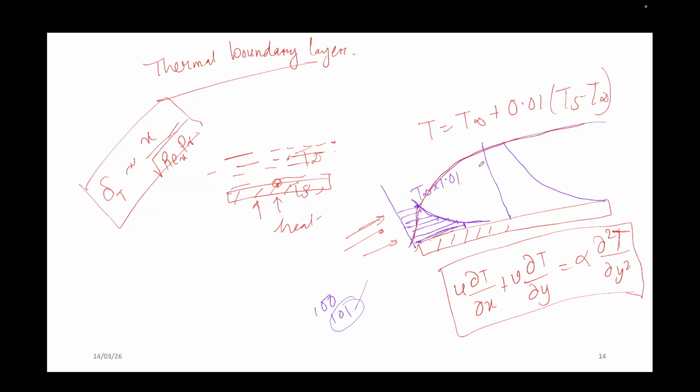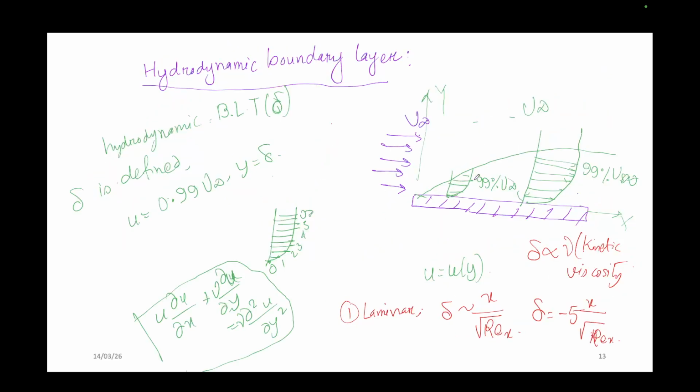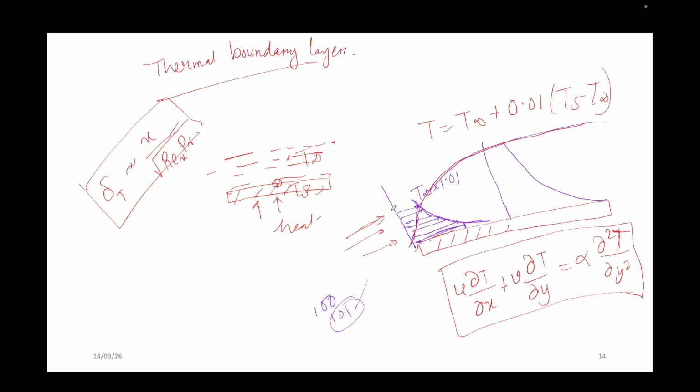So what is the Prandtl number? The Prandtl number basically relates two things: the hydrodynamic and thermal boundary layer. Okay. So see one thing, in the previous slide, the curve nature is like this way, and here also the curve nature is like this, almost similar.